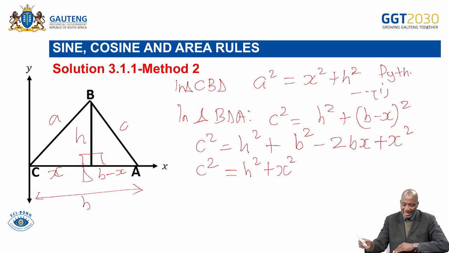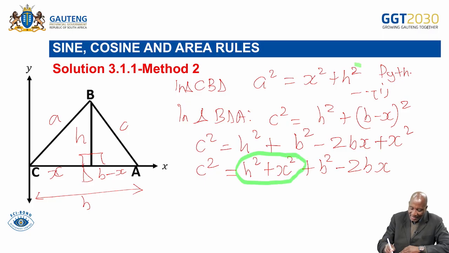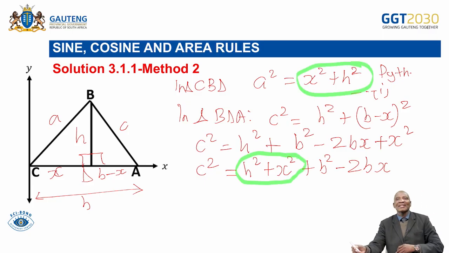Allow me to collect h squared plus x squared for a reason, then plus b squared minus 2bx, like that. Then you are going to realize the following here. Look at this here, and look at that up there. That's why I deliberately collected that x squared together with h squared, because I already saw something familiar earlier on.